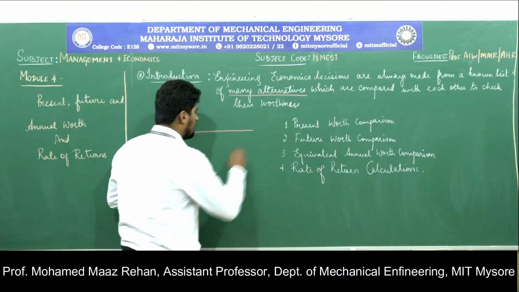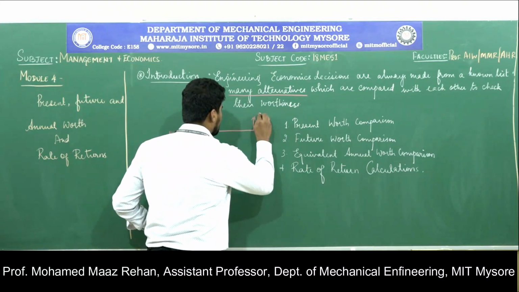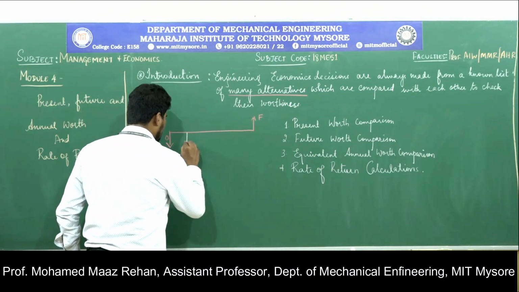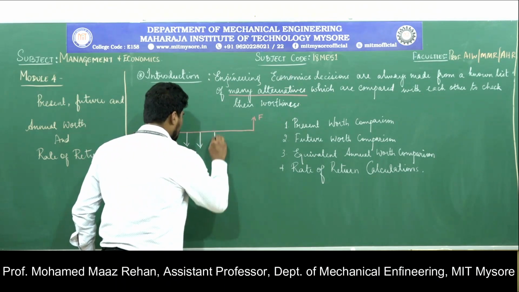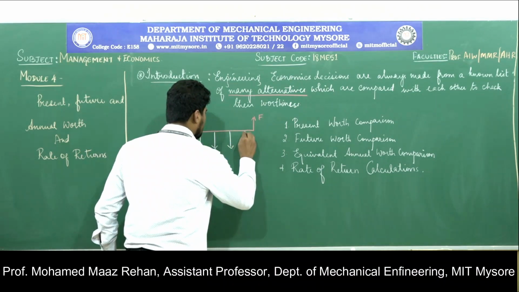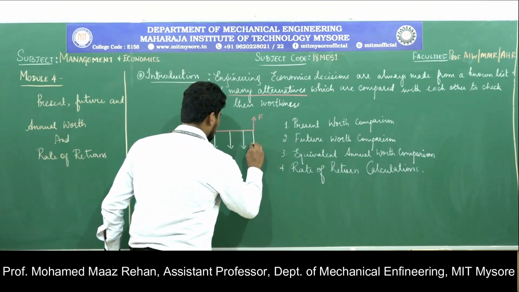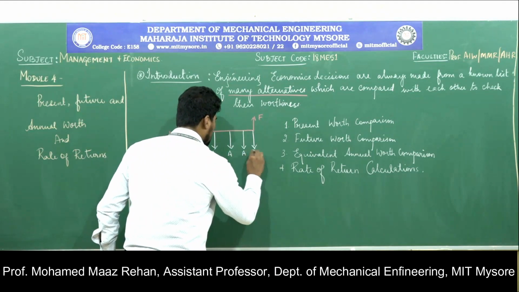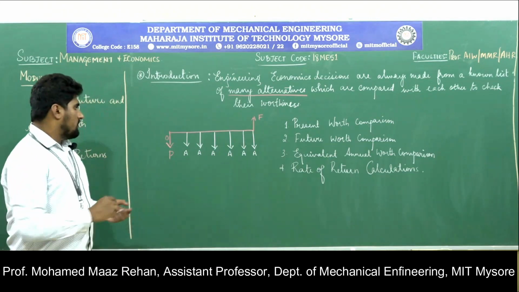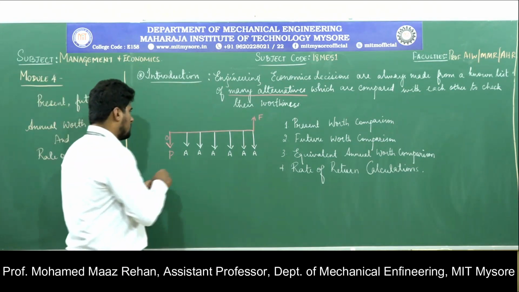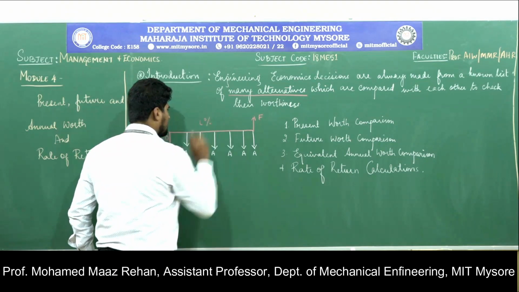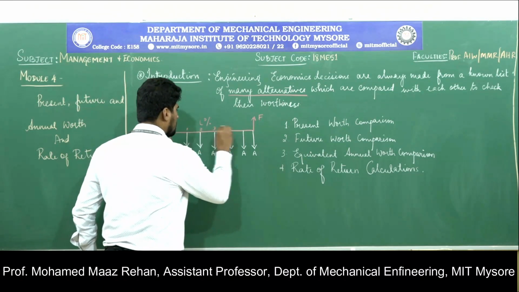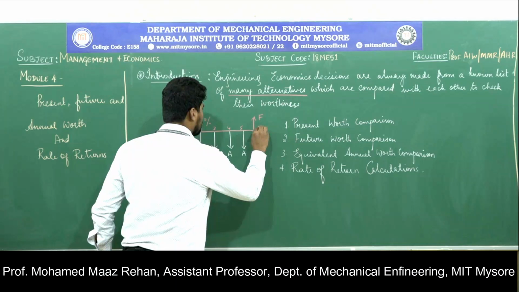Here you have a future amount, that is F. Here you have A, so these are all A, that is the annual amount. Here this is the interest, right? And here I have 1, 2, 3, 4, 5 and so on up to N.